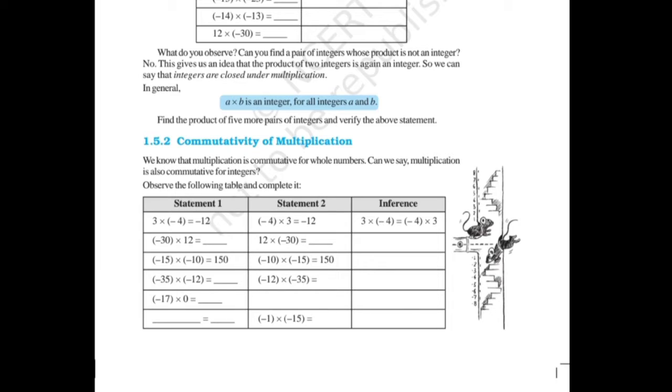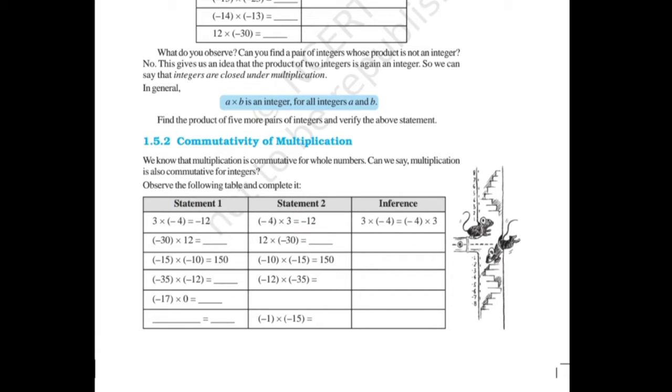See, in statement 1, the first example is 3 multiplied by minus 4, then the answer comes minus 12, and after that if we multiply in different order, that means minus 4 multiplied by 3, then the answer comes minus 12. So the same answer comes, that means both are same. 3 times minus 4 equals minus 4 times 3.